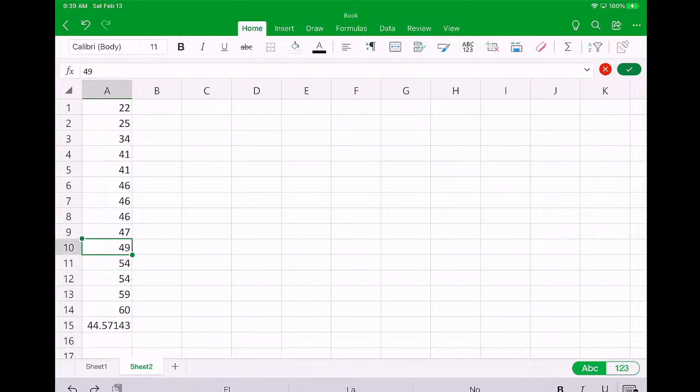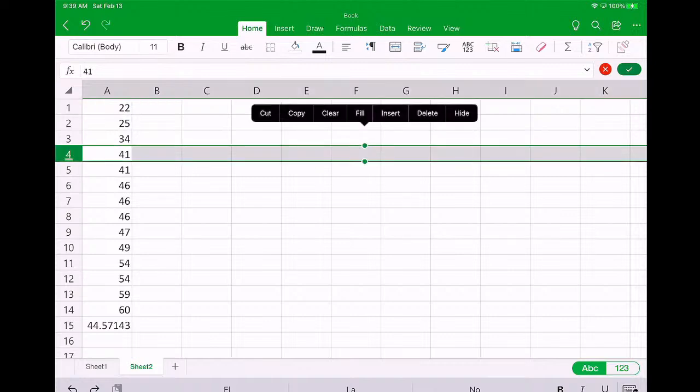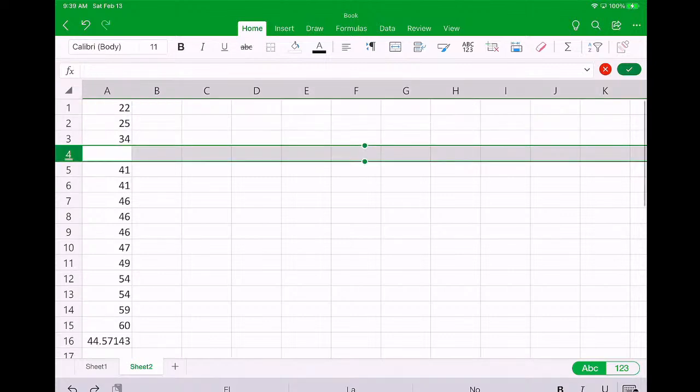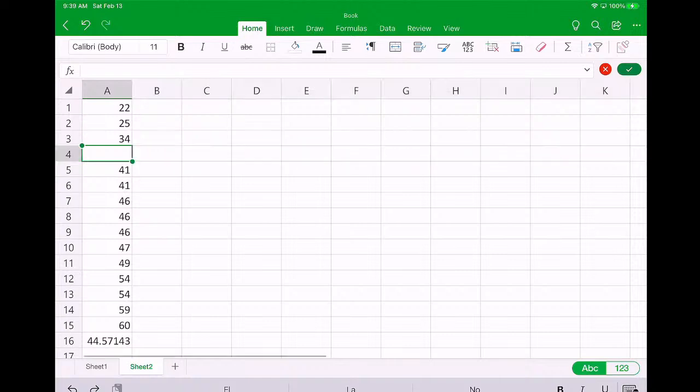Did I enter a value wrong? I missed something. I missed 35. Oh, I missed a value. There it is. Okay, good. So that's the average or the mean.